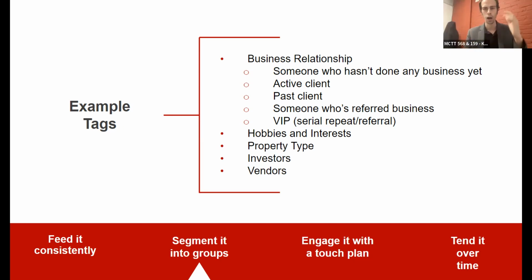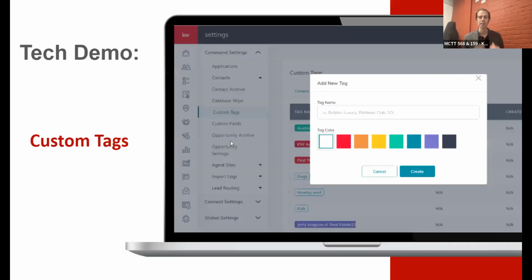Now, just talking about this for 1 second, one of the most important reasons why we're going into the database and tagging all of these different people with all of these different tags is because we can utilize any of these tags to be the trigger for any of our smart plans.